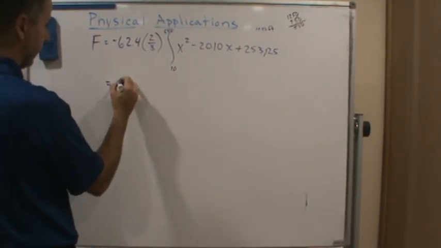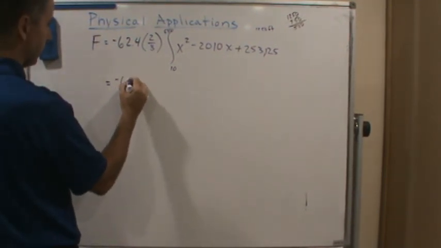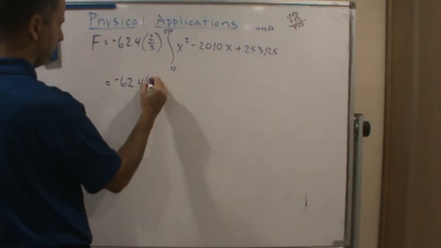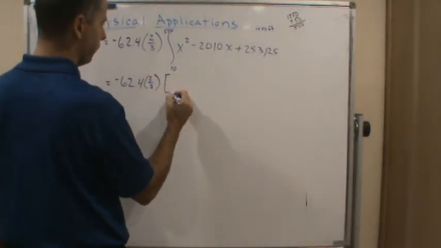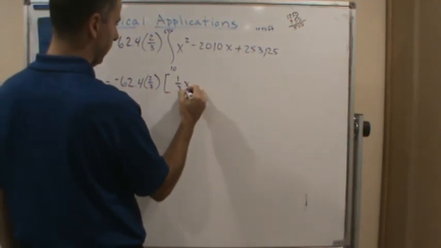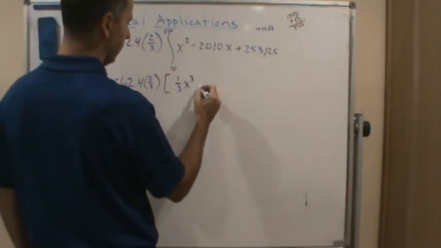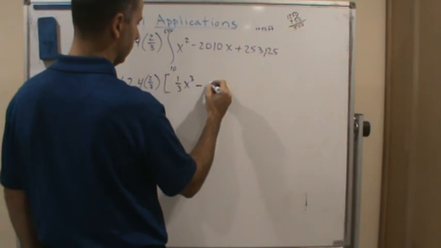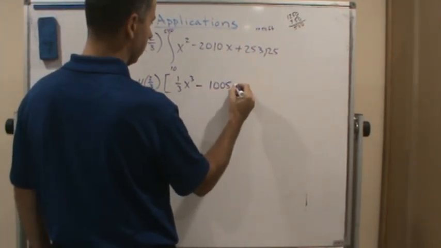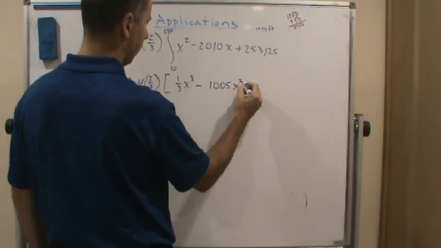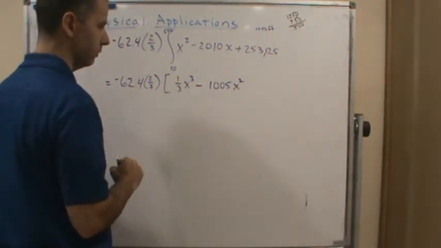And so this is going to equal negative 62.4 times 2/3, and then 1/3 x cubed minus 1005x squared, right?